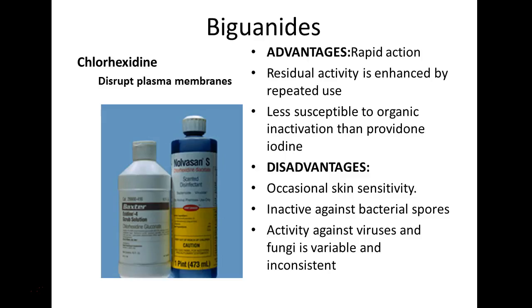Biguanides, these are chemicals that are lethal. Chlorhexidine is a kind of biguanide. These are in a lot of medical scrub soaps.